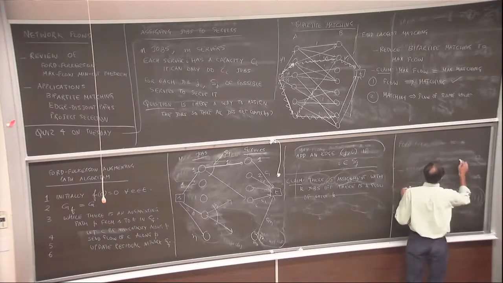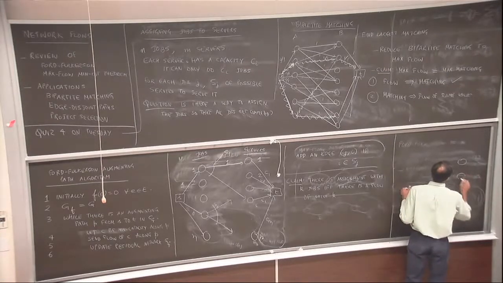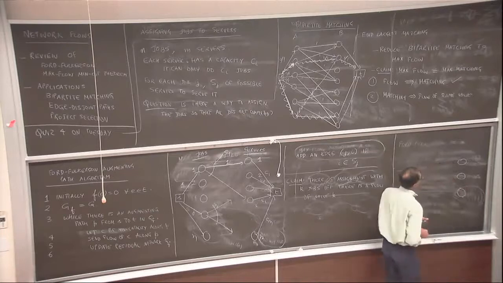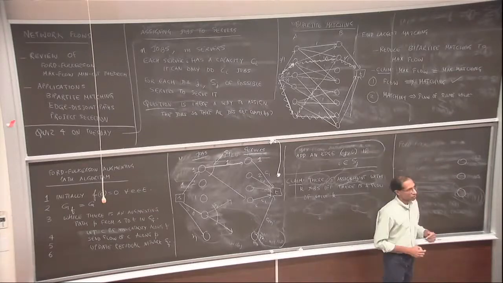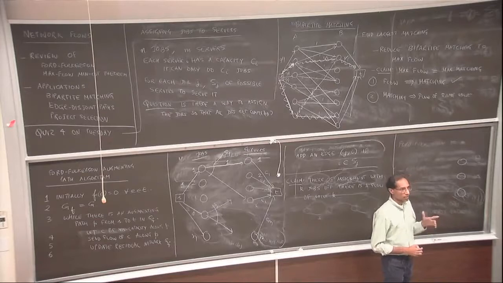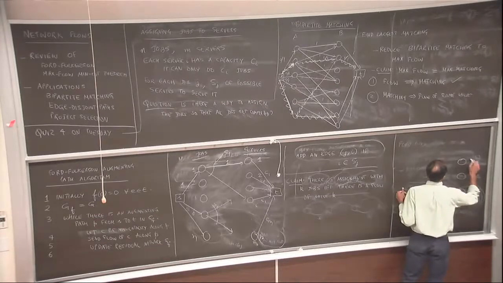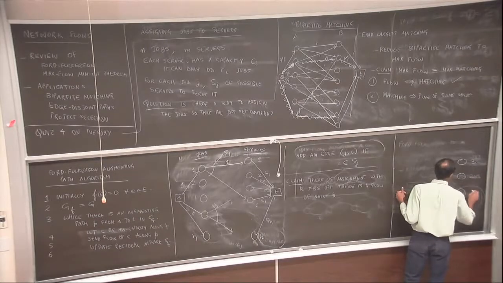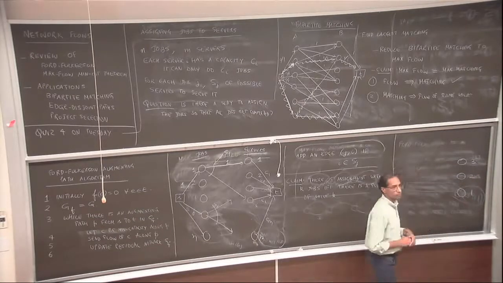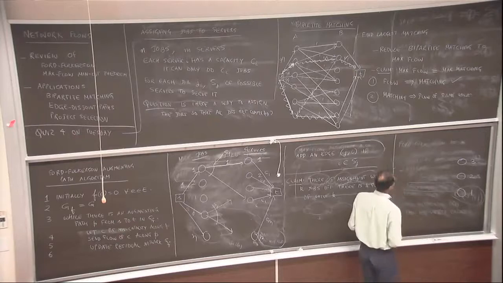So let's say you have a server. If you're starting with the server that has the most capacity, let's say this is the capacity of 3, this is the capacity of 2, this is the capacity of 1. Okay?